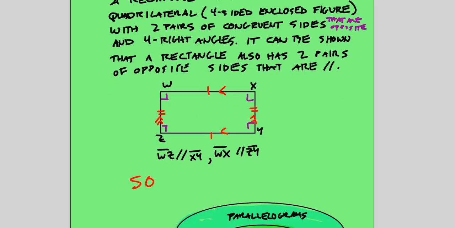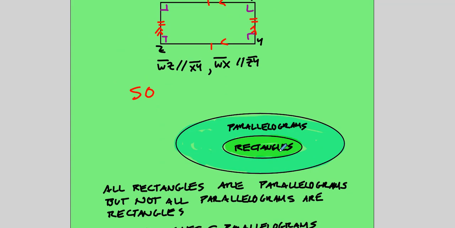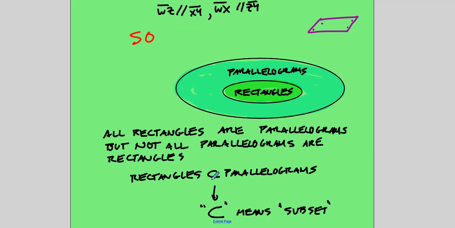So this means that all rectangles, in fact, are parallelograms. But note that not all parallelograms are rectangles. You could have a parallelogram that looks something like this. That's not a rectangle because these are not right angles. This little sideways U means subset of.